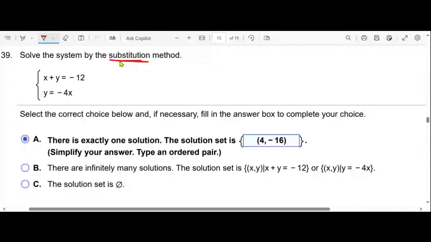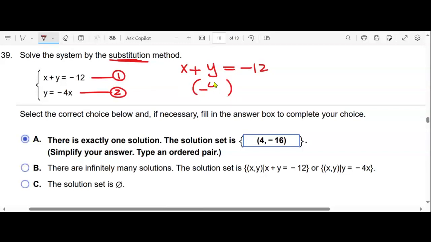Use substitution. Okay, which one is good for substitution? Replace y by negative 4x in equation 2. So x plus 2, x plus y equals negative 12. So how much is y, Muhammad, here? Minus 4x.